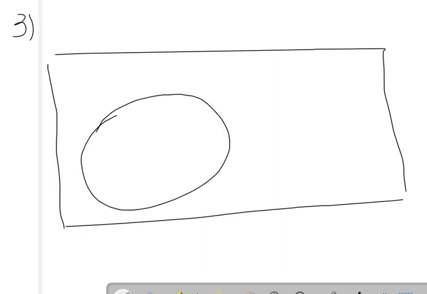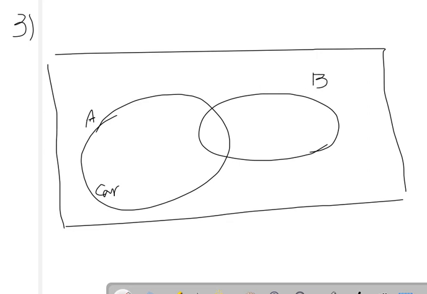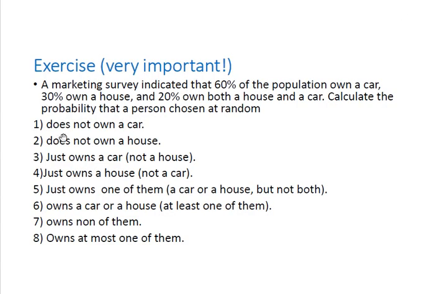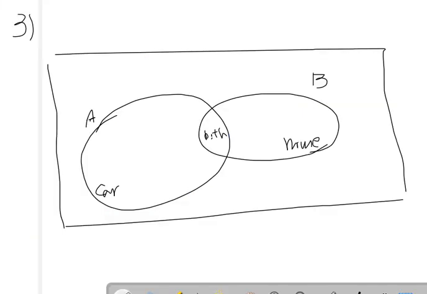We have this one as A or car, this one as B or house, and this one both. It told us just owns a car. It means this area, not both.